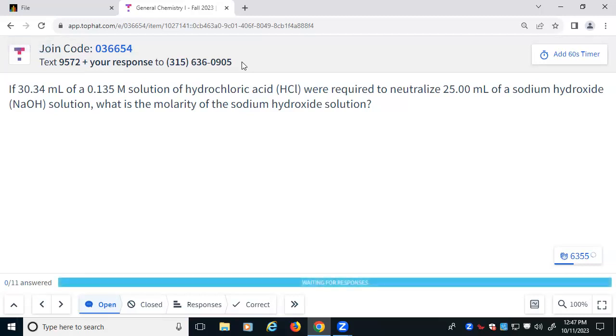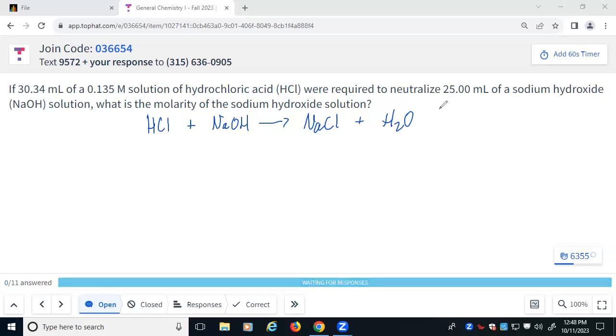Most important thing that you have to pull out of this is, before you do any kind of calculation, you need to make sure you've got the equation and that it is balanced. If you don't do that, you haven't done a titration. You've done a dilution.